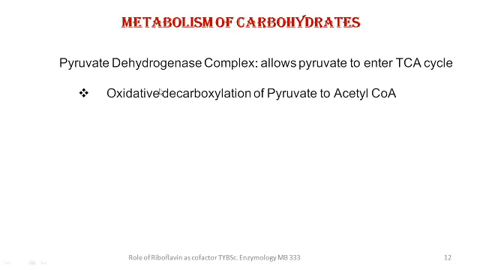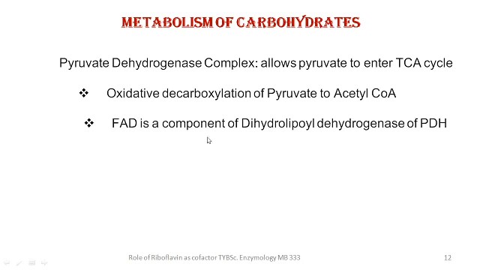The pyruvate dehydrogenase complex, as I said earlier, is involved in the oxidative decarboxylation of pyruvate to acetyl-CoA. And this reaction is not as simple as it appears here. You've already studied the working of the pyruvate dehydrogenase complex last year.